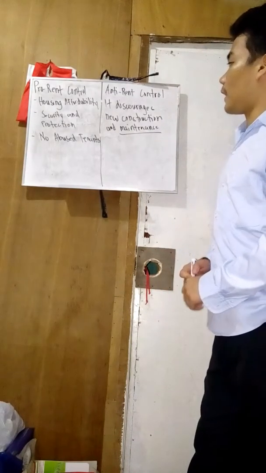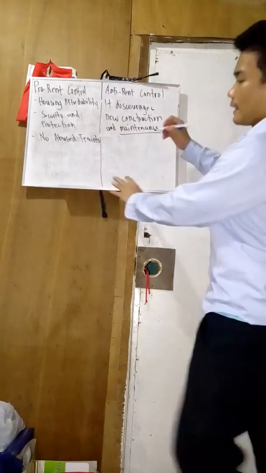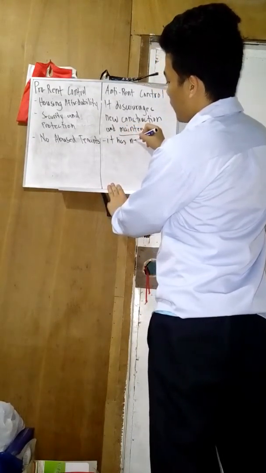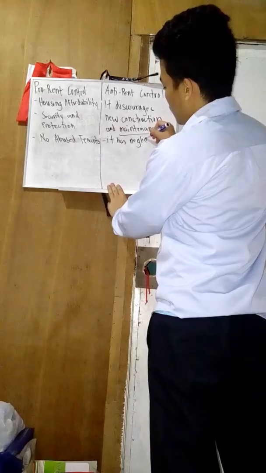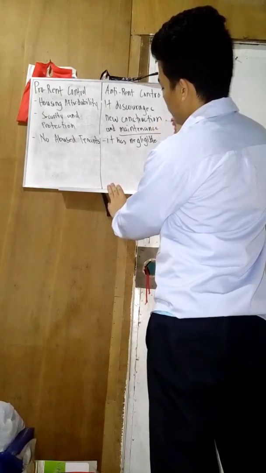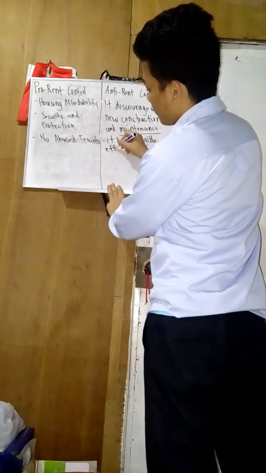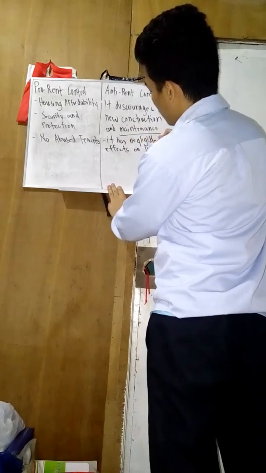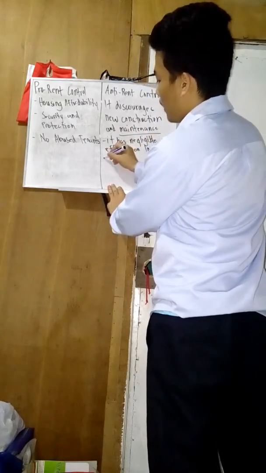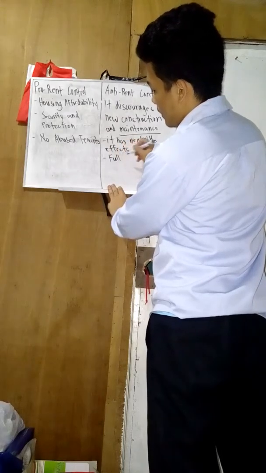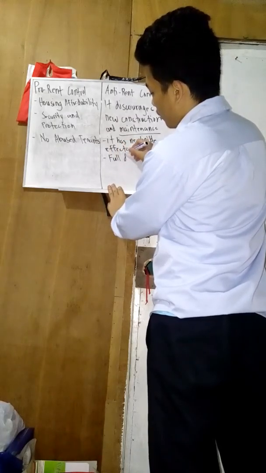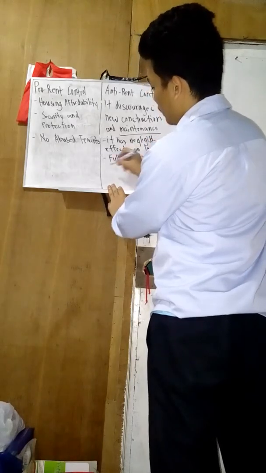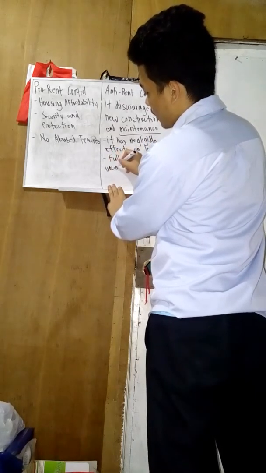Another thing is that it has negligible effects on income. Another thing is that it has a full control on the uncontrolled sector.